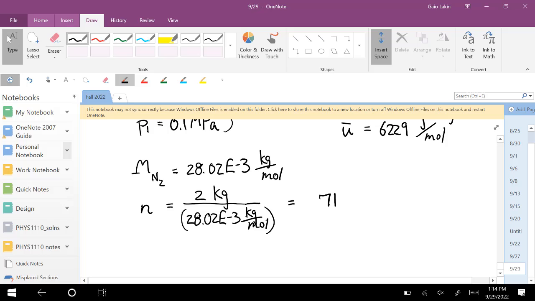And that's 71.38 moles. And so with our molar specific internal energy, we can multiply that by the number of moles, and that gives us the total internal energy at that first instant.